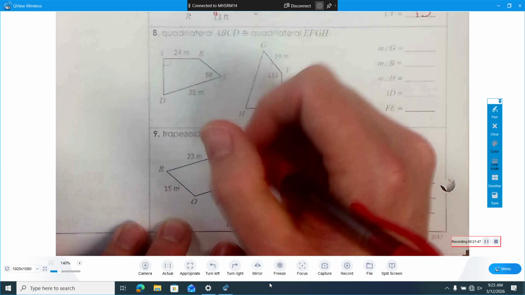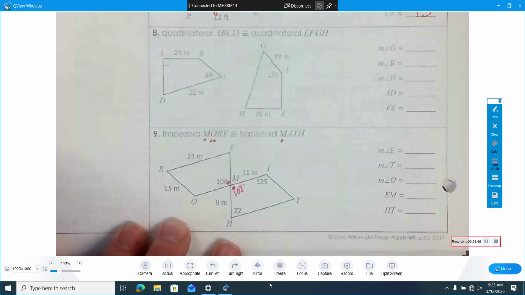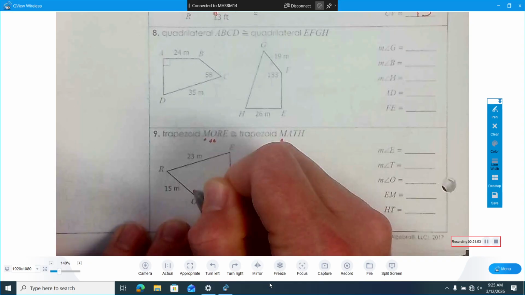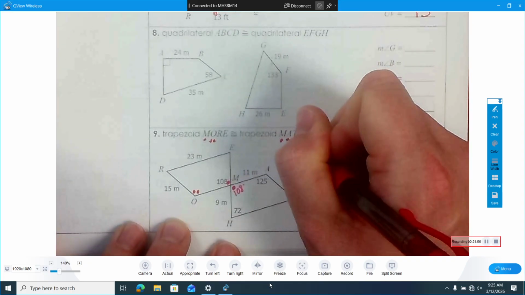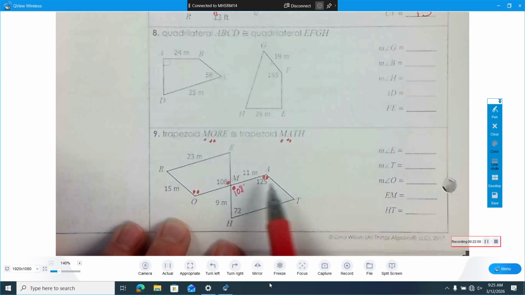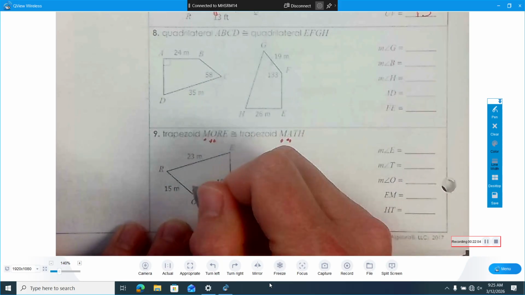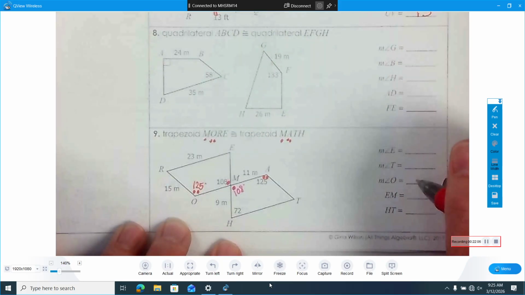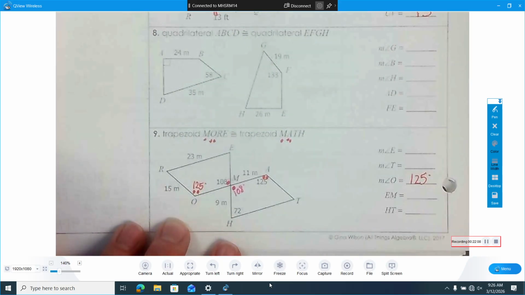All right, angle O corresponds with angle A, yes. So I'm going to use 2 dots to mark those angles. If A is 125 degrees, what's angle O? Also 125. Ladies and gentlemen, I really encourage you to mark your pictures because it just makes life a lot easier when it's right there on the picture, okay?